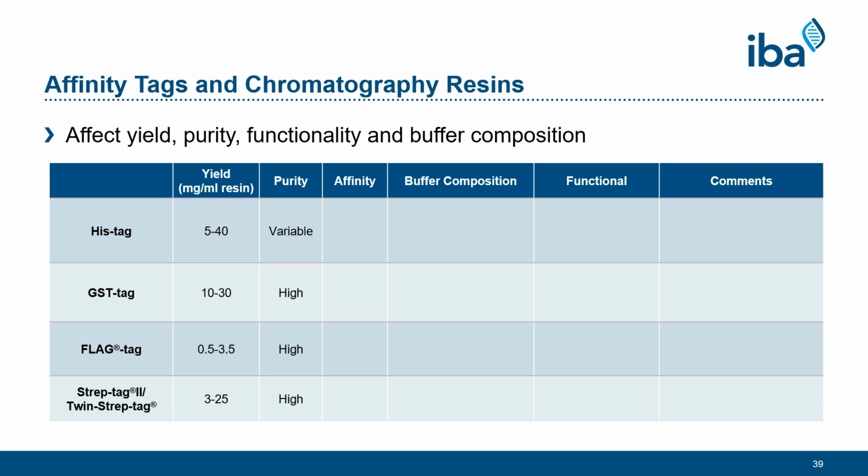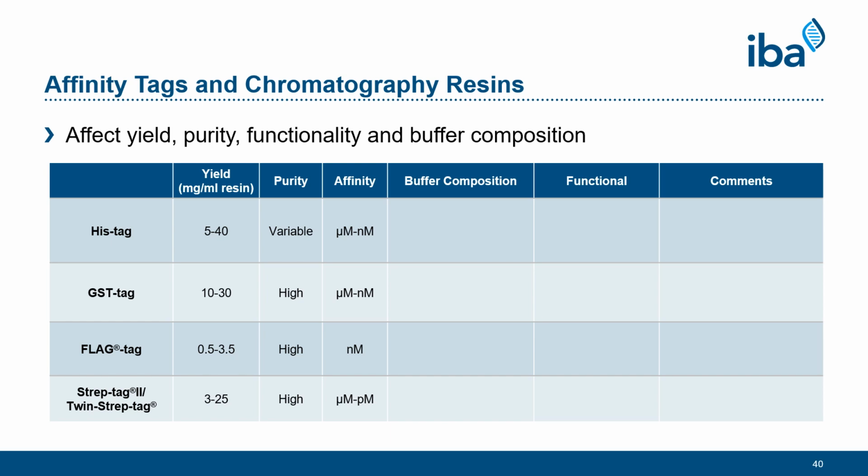But the purity is only satisfactory for the GST tag, Strep-tag 2, and Twin-Strep-tag. The broadest affinity range is provided by the Strep-tag 2 and Twin-Strep-tag, and the highest affinity by the Twin-Strep-tag.